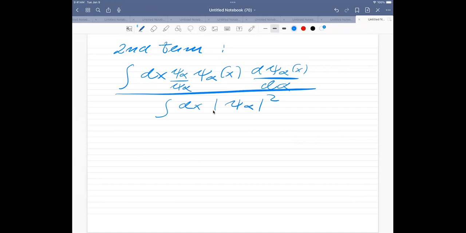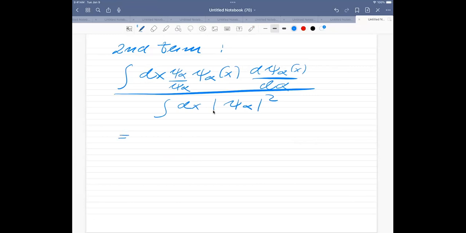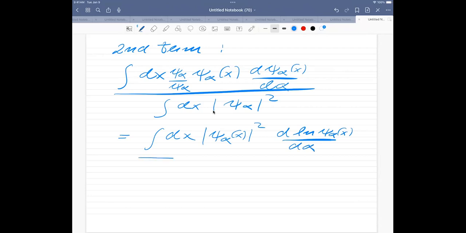But you can then show that if you look at a function which is complex, you simply need to set up the right expression there. But this is something which we can rewrite now, because we are going to have a d of x, and then I have my psi of alpha of x, and I just rewrite it like this, squared, multiplied with the derivative of ln of psi of alpha of x with respect to d alpha, divided with d of x multiplied with psi of alpha of x squared.